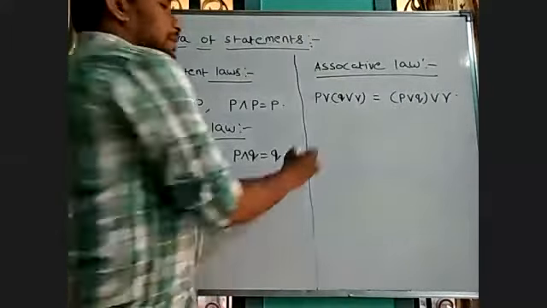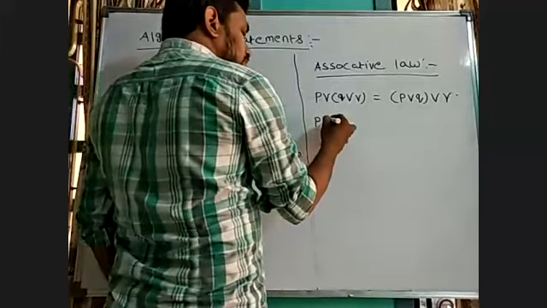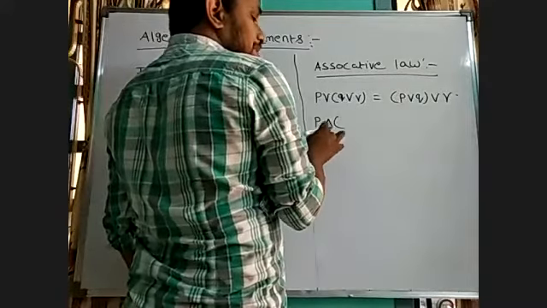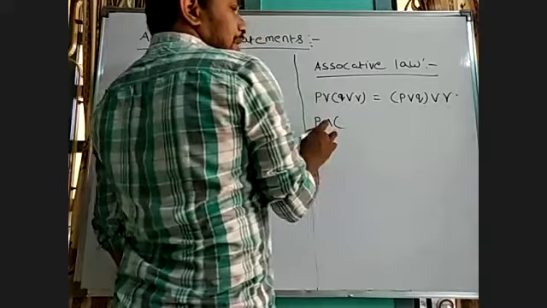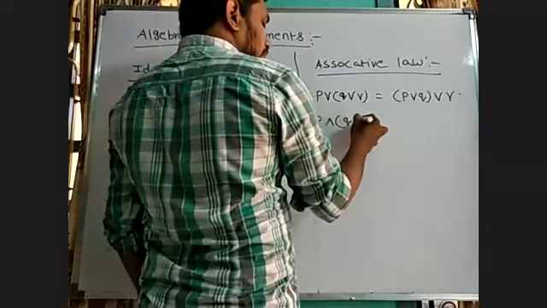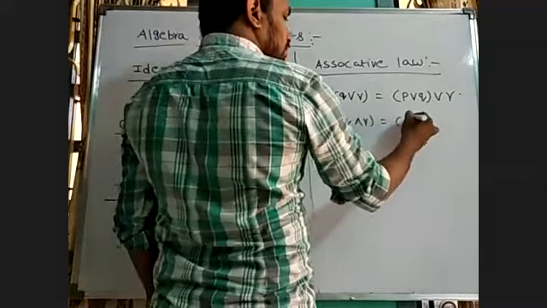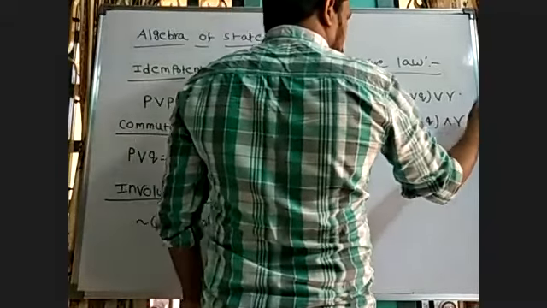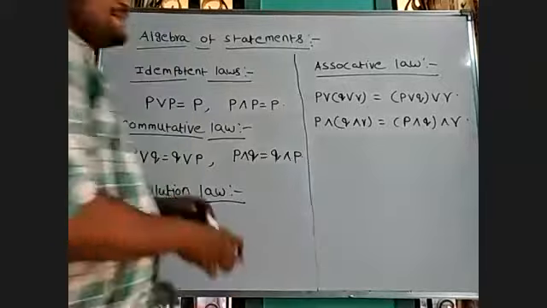Next, another one in this associative law. In this, this is my disjunction symbol, this is the conjunction symbol. In this conjunction symbol, we write (P ∧ Q) ∧ R equals P and Q and R. Okay, like this we will write.